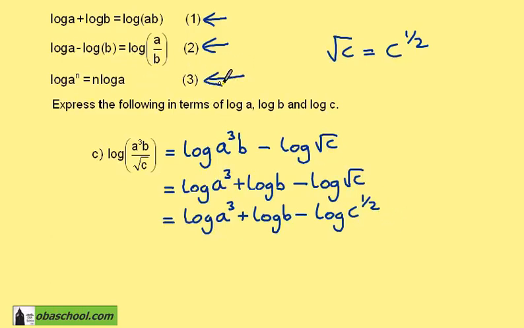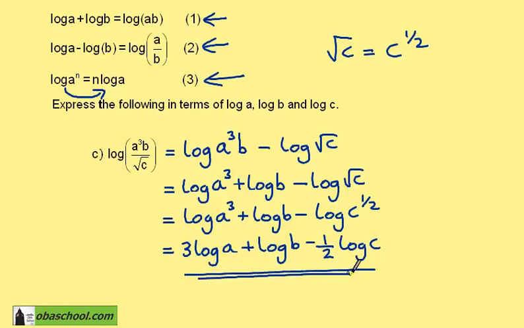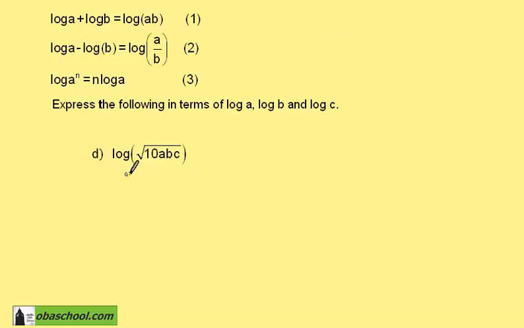We can then use this law to bring the powers down in front, and this gives us 3 log A plus log B take away a half of log C. If we look at this one, our first step is to rewrite this as the log of 10ABC to the power a half.